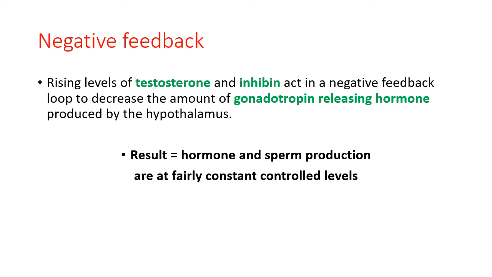So negative feedback is going to allow us to control how much of that hormone is needed at any given time, and allow for the control of normal sperm production.